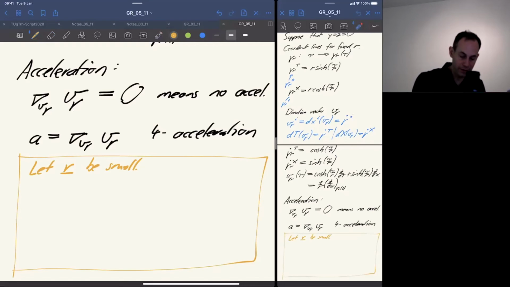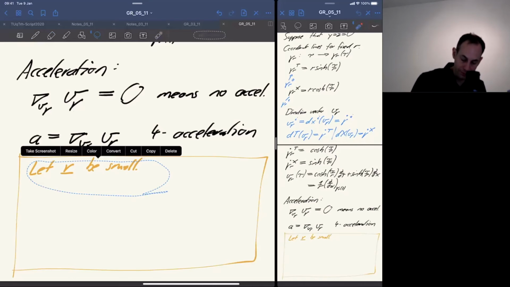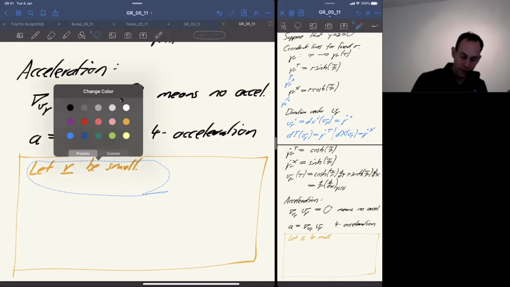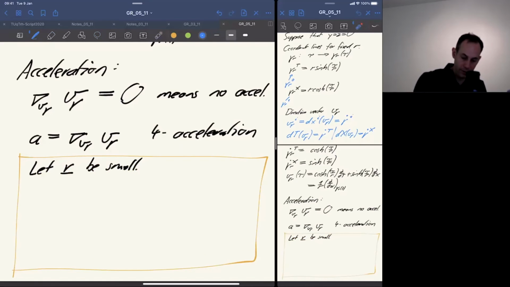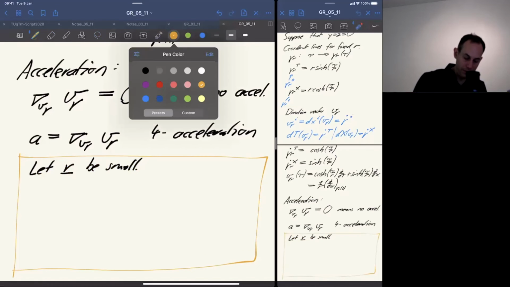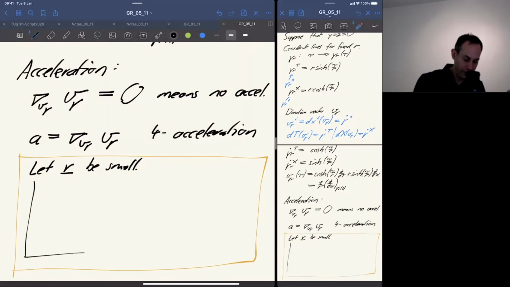Actually, I still need a diagram, so it's maybe not a good idea if everything is orange. So let me put here a little sketch. So let's suppose we go to normal coordinates.